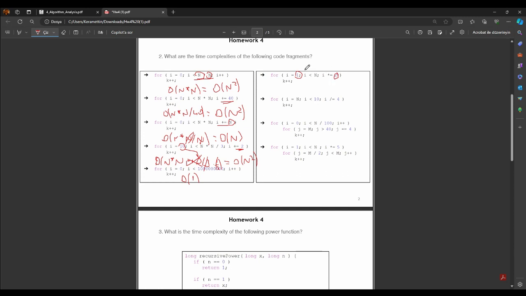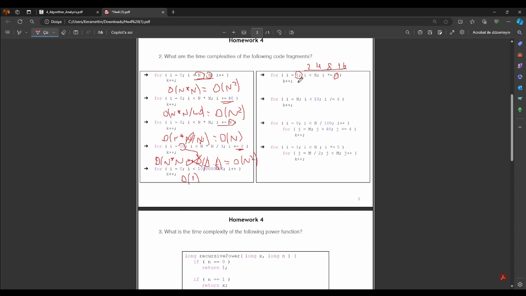Let's make it starting with 2, and if our i is 2, we will multiply by 2, and it goes like that: 2, 4, 8, 16.